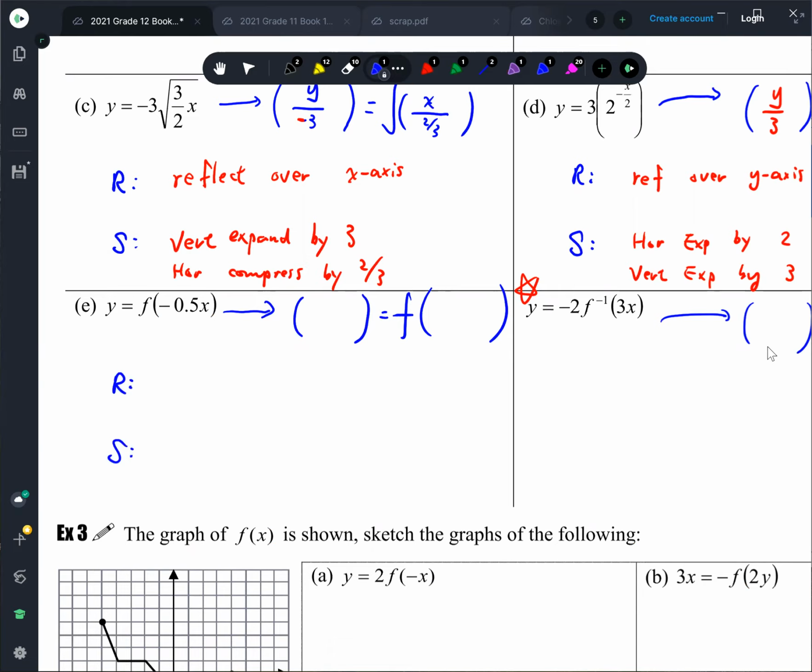The decimal there, if you like, you can change it to a fraction first. It'll be easier to do the moving.